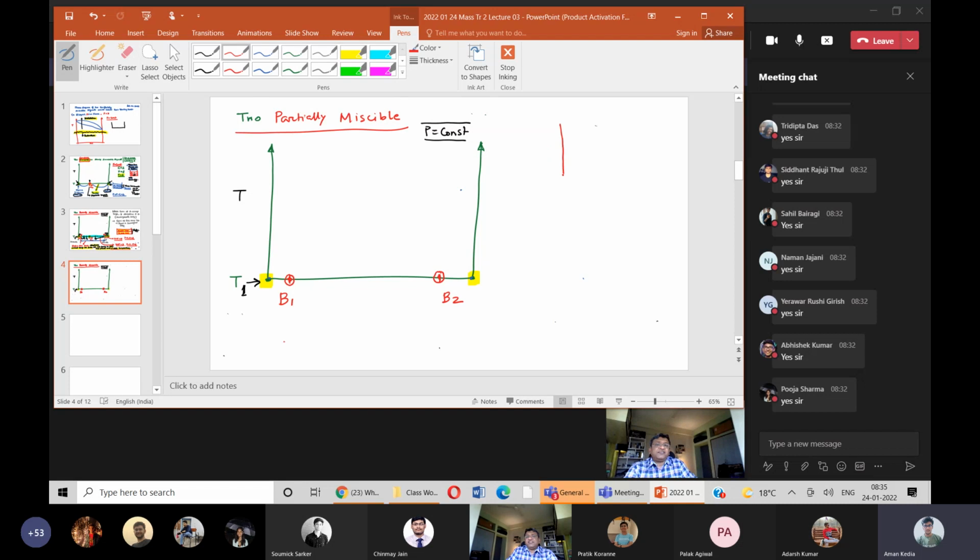And these 2 points essentially limit or identify the 2 extreme values of the compositions at which the system will coexist, one a B-rich phase, one an A-rich phase, that will coexist at this particular temperature, T1.